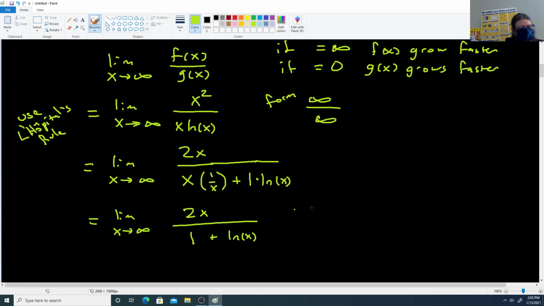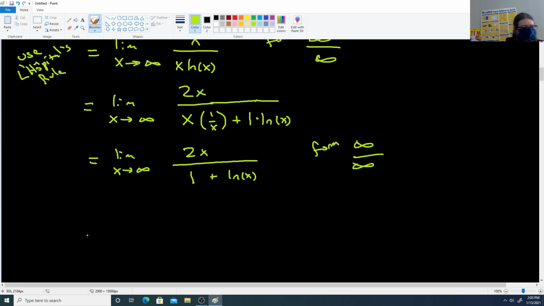As x goes to infinity, 2x goes to infinity. As x goes to infinity, natural log of x goes to infinity. So something going to infinity plus 1 goes to infinity. So we're still in this form, infinity over infinity. So we've got to take L'Hopital's rule a second time. The derivative of 2x is just 2.